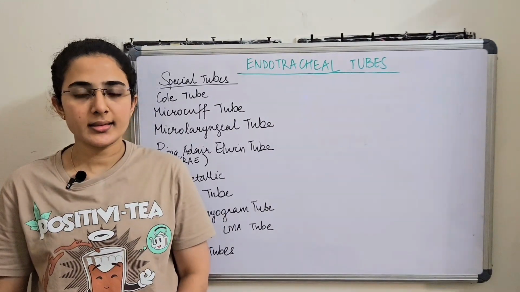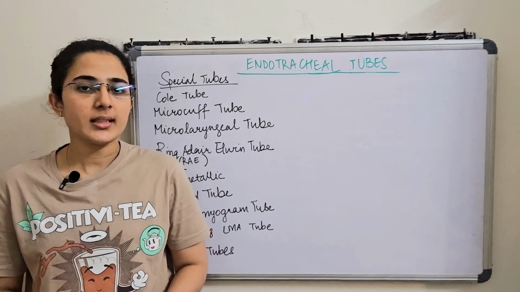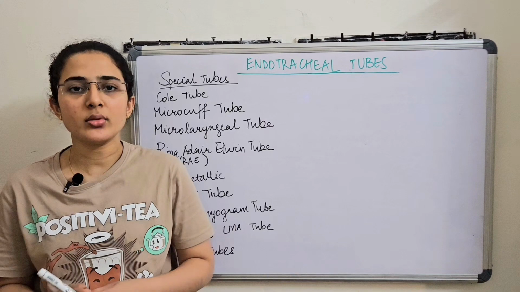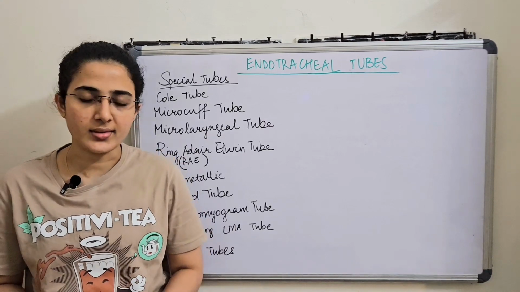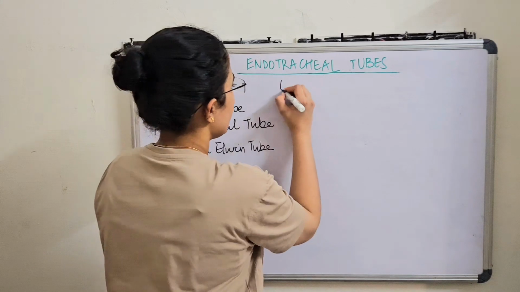So, next we'll be discussing the laser resistant tubes. There are 4-5 common types of laser resistant tubes. We will see brief features of each of them.